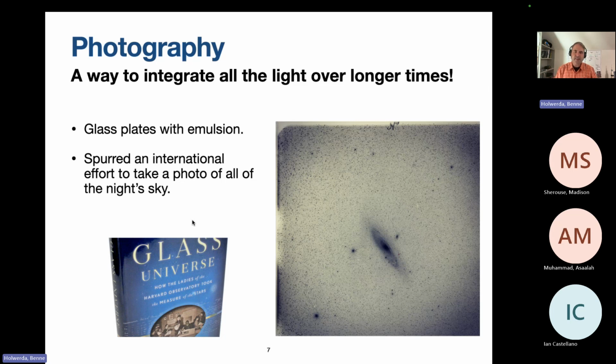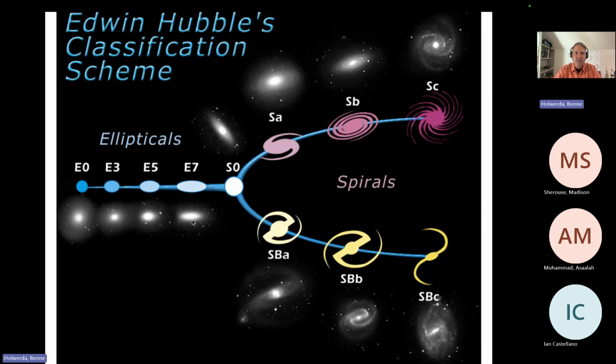Then they were developed and sent back to Harvard. There was this group of Harvard computers. Their title was computer, and they would compute the brightness of the stars, and they would look for these little fuzzy things. And so they saw the first galaxy pictures.